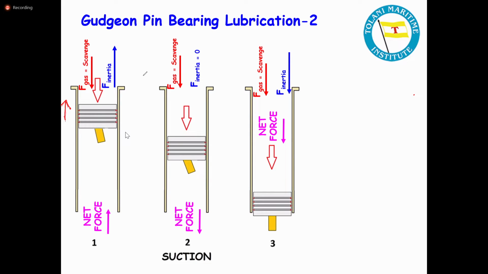The piston is moving up. Because the piston is decelerating, the inertia forces are in an upward direction, and the scavenge pressure is in a downward direction.